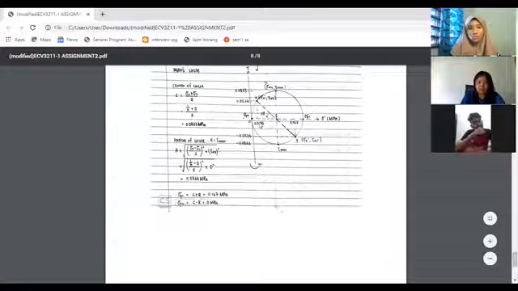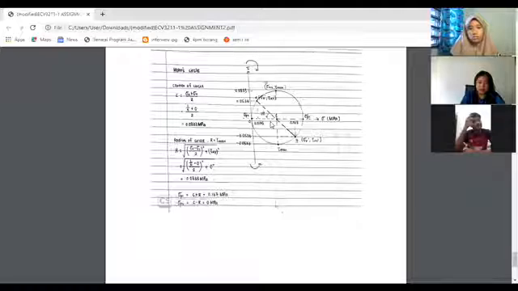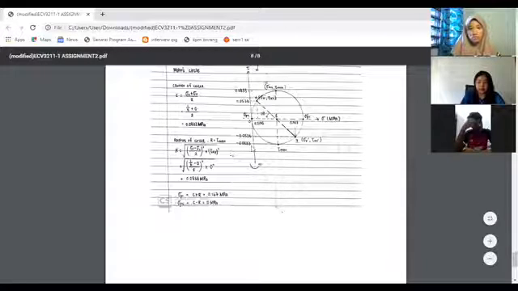So we just plot the coordinates, the average normal stress and the 0, on the paper. Then we calculate the radius using the formula, and we get 0.0833 MPa. And then we just draw the circle from the center point with radius 0.0833.